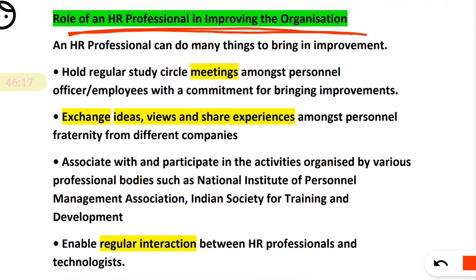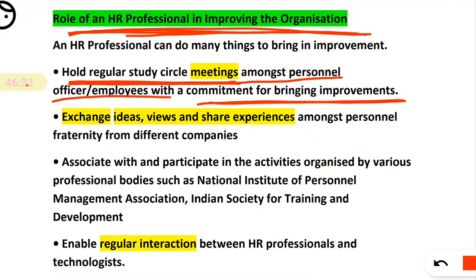In the same way, the HR professional's role in the organization can be improved by holding regular study circle meetings, or regional meetings, among the personnel or officer employees, with a commitment for bringing improvement.